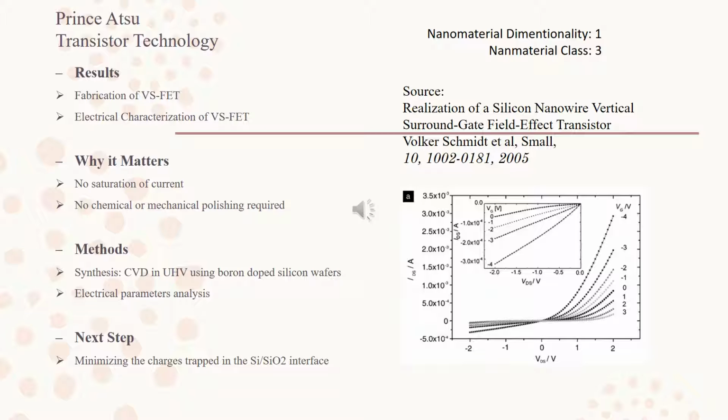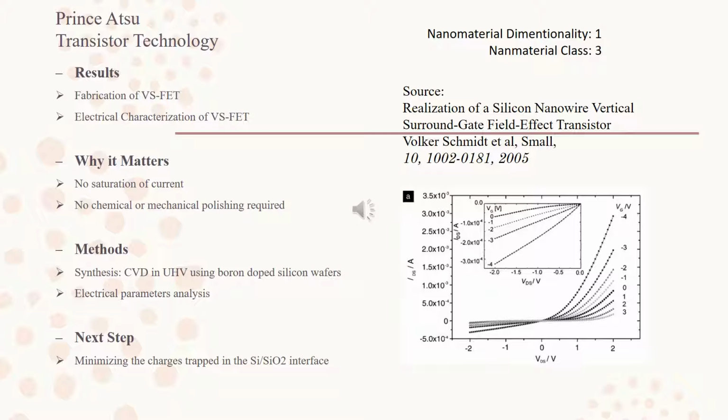So what you get from the diagram is that for positive drain source voltages, the drain source current depends on the gate voltage, and then also for the negative drain source voltage, the gate voltage dependence of the drain source current is similar.